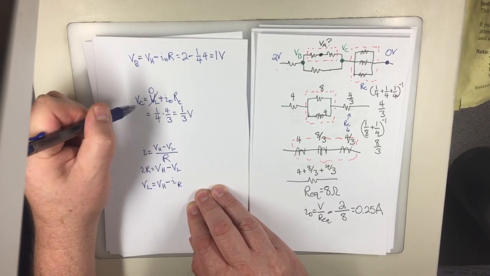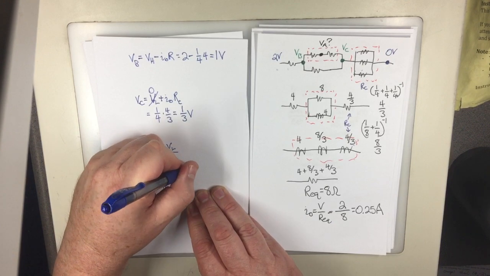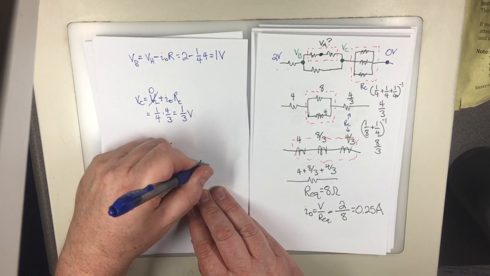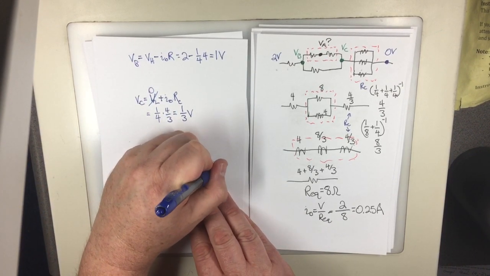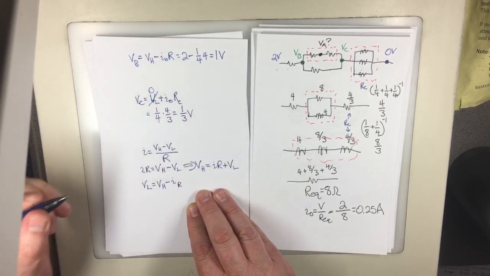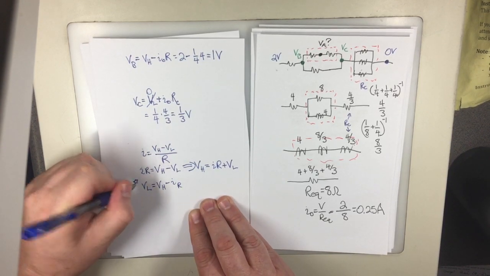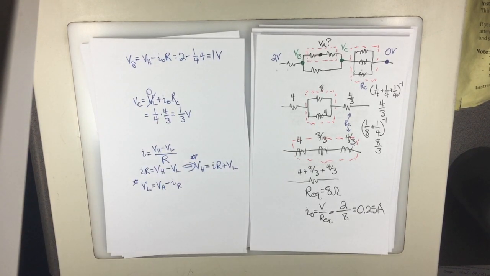Here, VC is V high. So V high is IR plus V low. So they're just variants of Ohm's law. And so yes, I just slapped it together in my head. You asked how I got it, so I should have written that out first. But that's what you need to do.